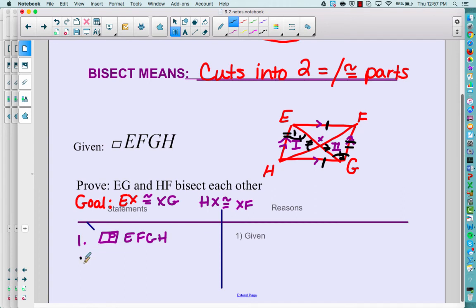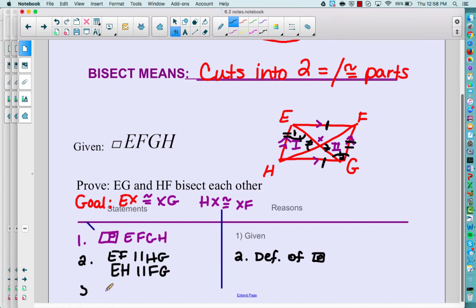All right, so step 2. I would say that EF is parallel to HG and EH is parallel to FG. Okay? All right, and so that would be because of the definition of a parallelogram.